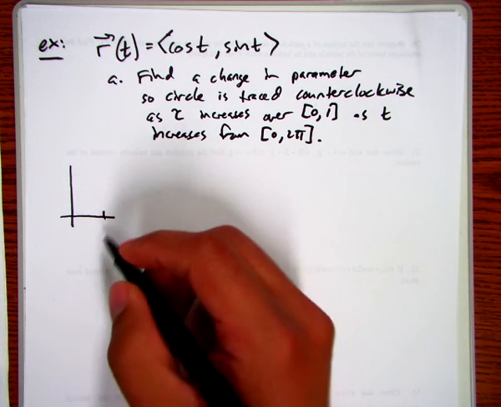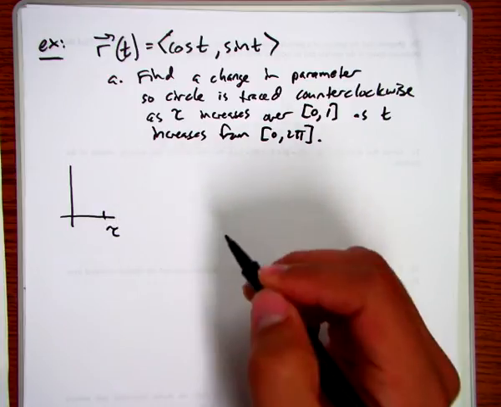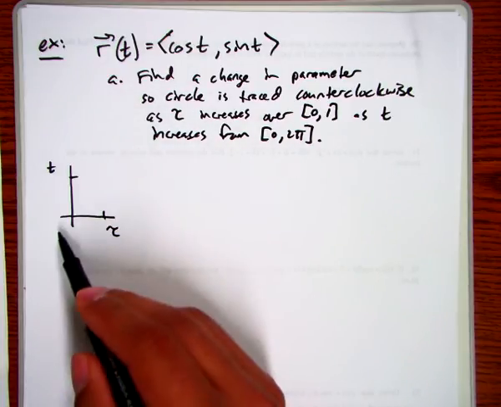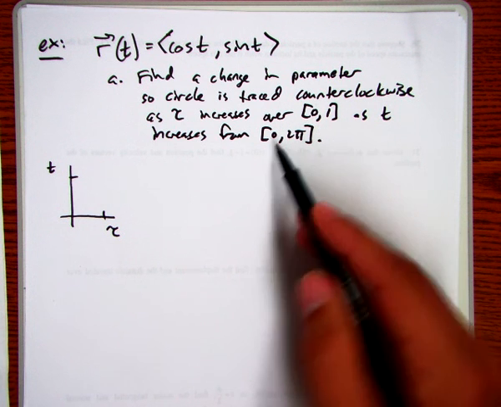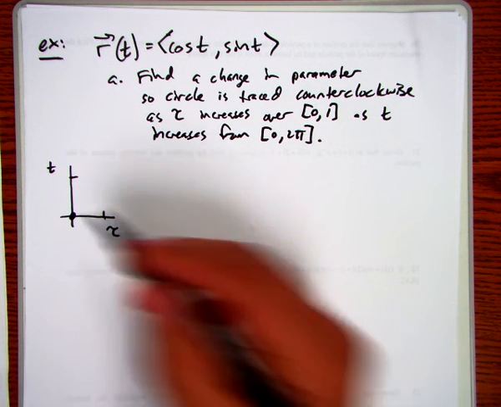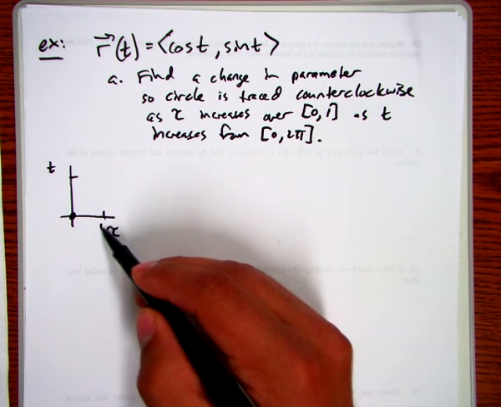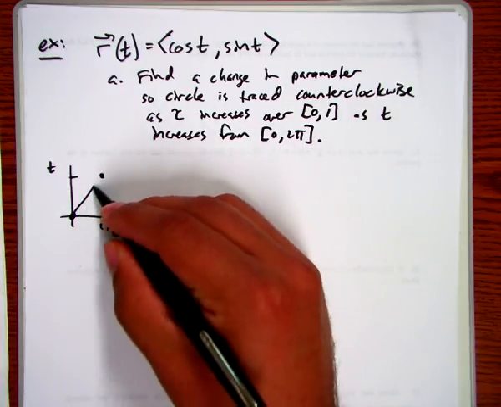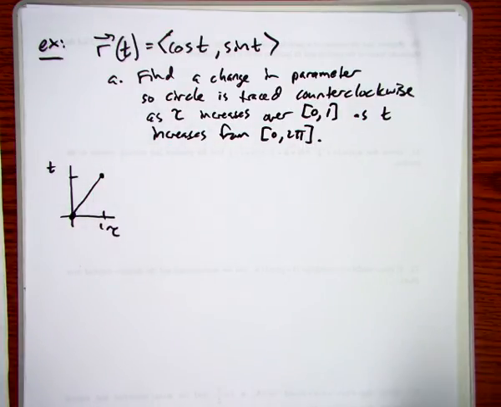Let's say this is tau, and this is t. When tau is 0, we want t to also be 0. When tau is 1, we want t to be 2 pi. Okay, so now we have a nice little linear segment that we could use to figure out the relationship.